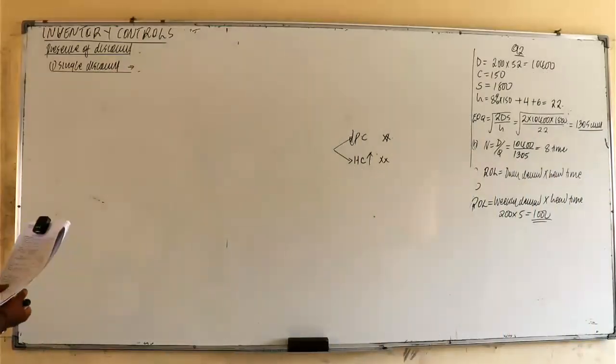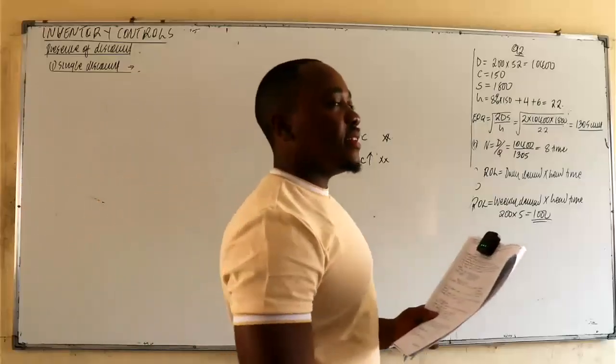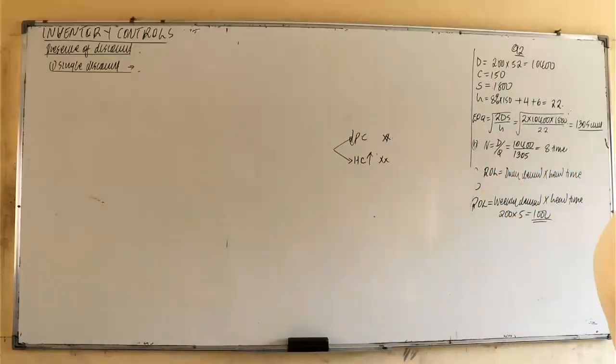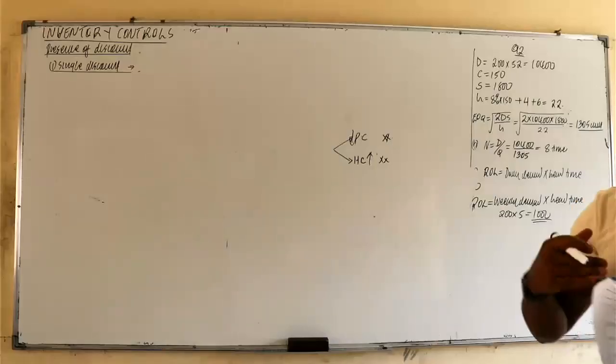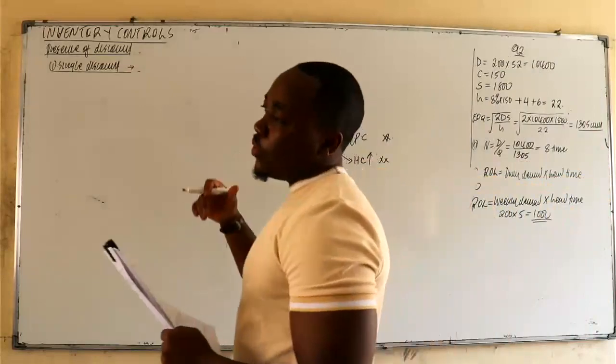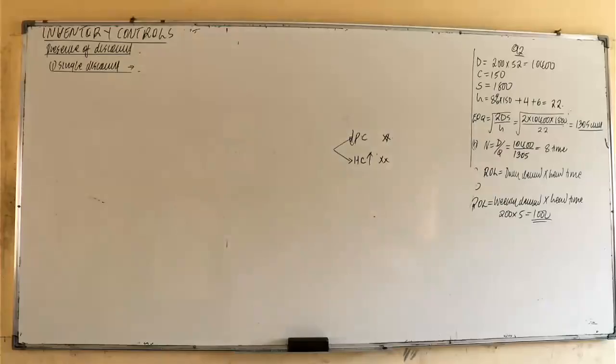So you compute the total cost, assuming there is no discount. Then the second step, compute the total cost, assuming you have accepted the discount, and then compare the two costs.